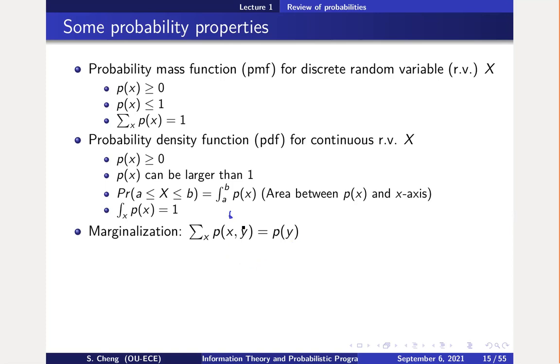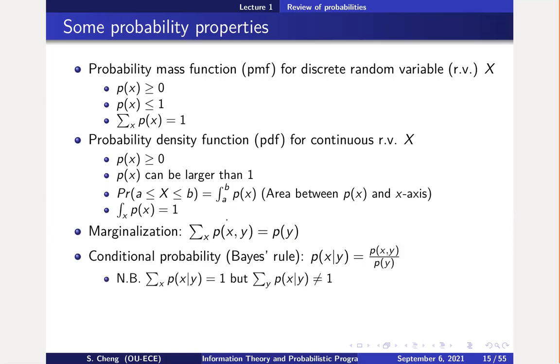So that's marginalization. Then the conditional probability is defined by Bayes rule. In practice, you are often given the conditional probability and you regenerate the joint probability just using Bayes rule.